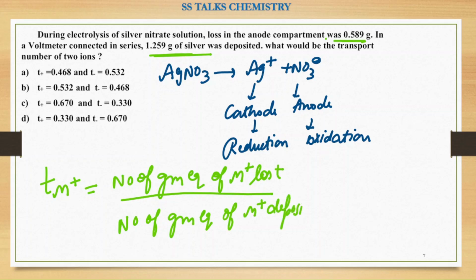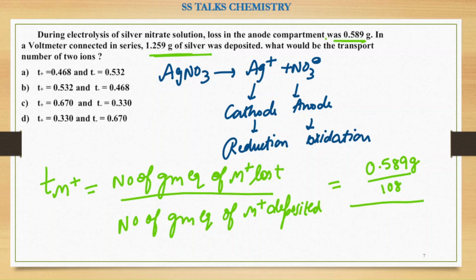This ratio gives you the transport number. Now we have been given that this much amount of the metal was lost, which is 0.589 grams. So this weight lost upon its equivalent weight will give us the number of gram equivalents. The equivalent weight of Ag positive is 108.